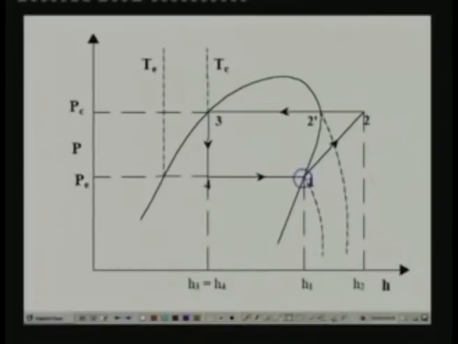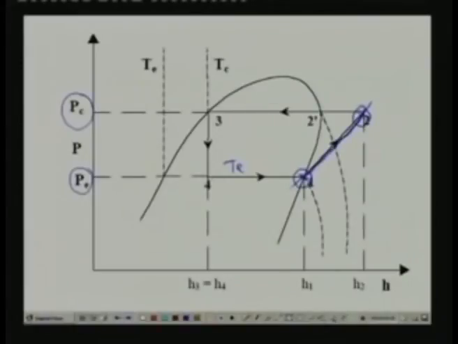So if you know this temperature, then you can find out this pressure, and you can locate this point, and you can also find the entropy at this point. Since the compression process is isentropic, you have to go along the constant isentrope, and where this isentropic line intersects the constant condenser pressure line, that is the exit of the compressor. So you can draw this process.